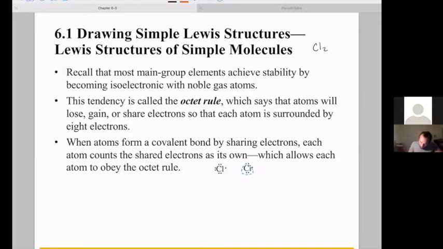Well, when they come into close contact with one another, they can share a pair of electrons, i.e. form a covalent bond, where now they both get to count that pair of electrons into their octet.